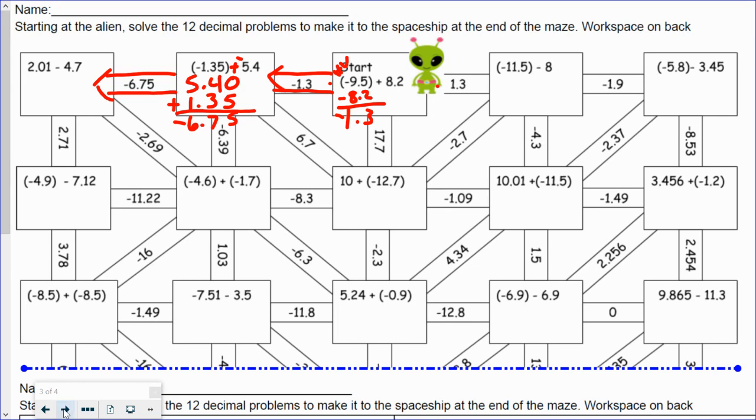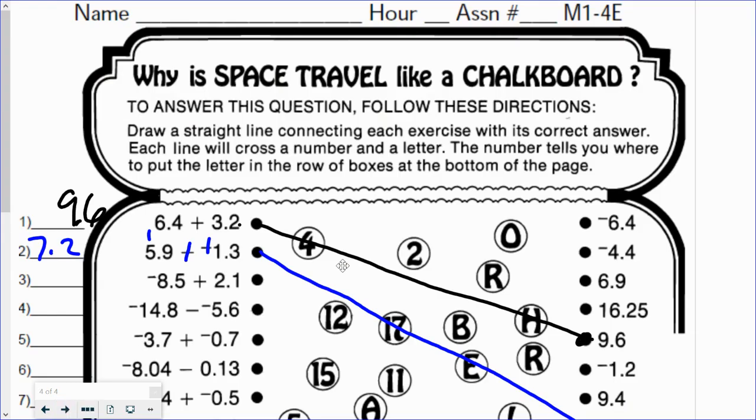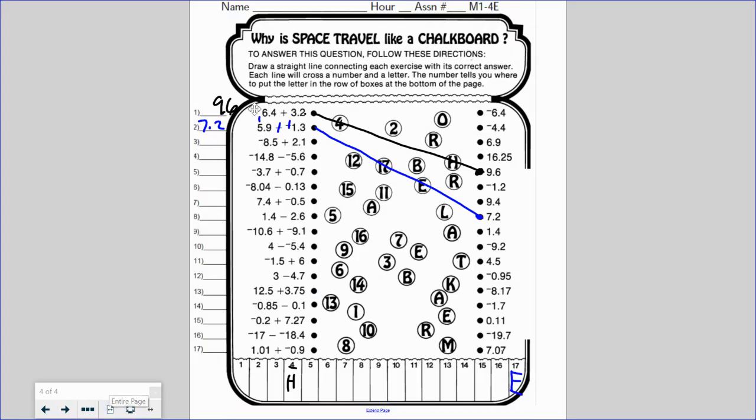If there is extra time and you feel like doing the extra, I had to solve my problems using lining up the decimals, same signs I keep, for different signs subtract. Then you look for the answer across, and you take those 2 black dots and connect them with a straight line.